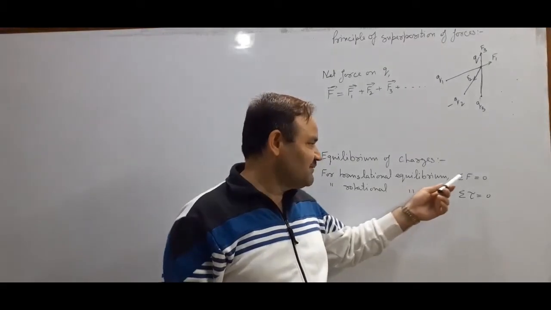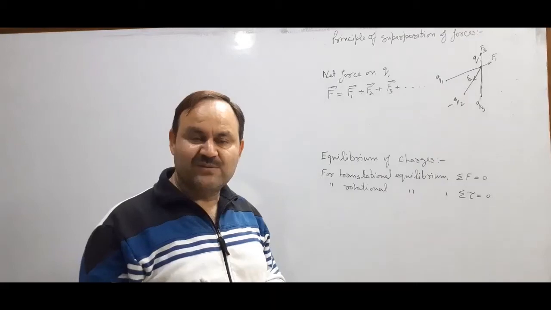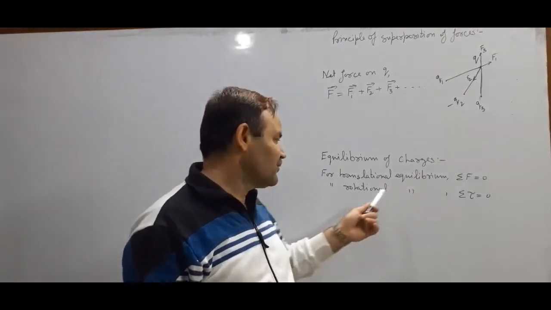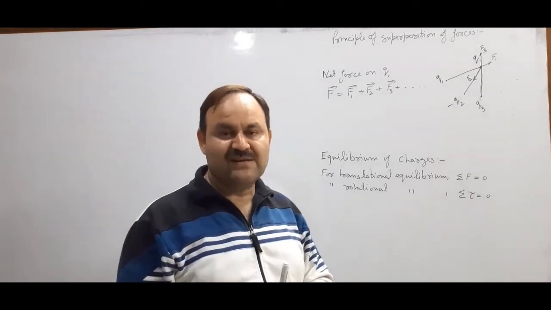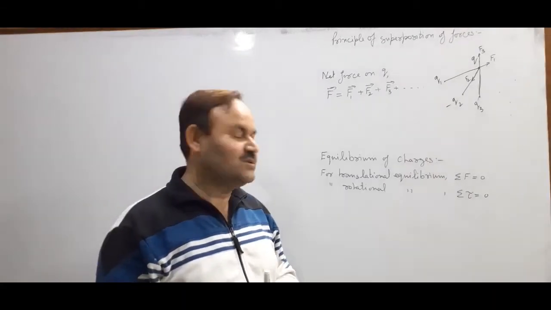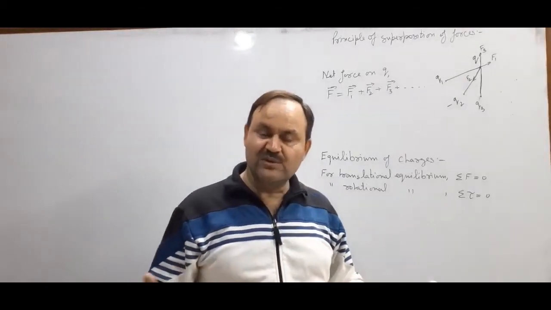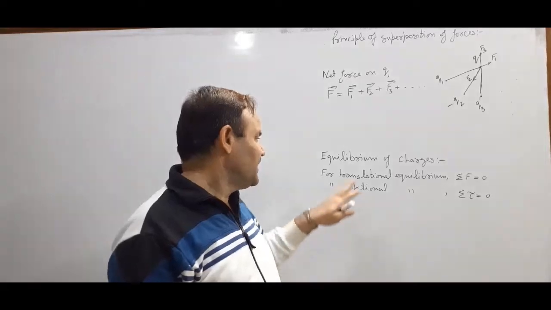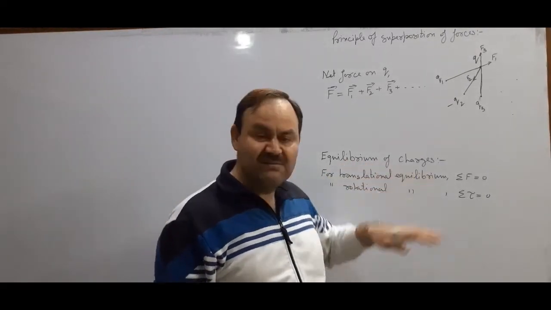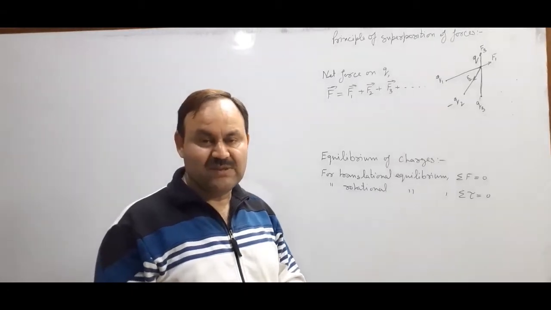For translational equilibrium, sum total of all the forces acting on the body should be 0, while for rotational equilibrium, sum total of all the torques or the turning effects on the body should be 0. And if a body has both translational and rotational equilibrium, then the body is said to be in equilibrium. But here, while considering the equilibrium of charges, we will require only translational equilibrium.